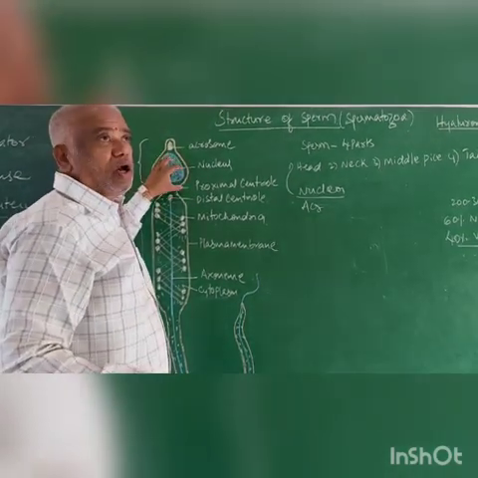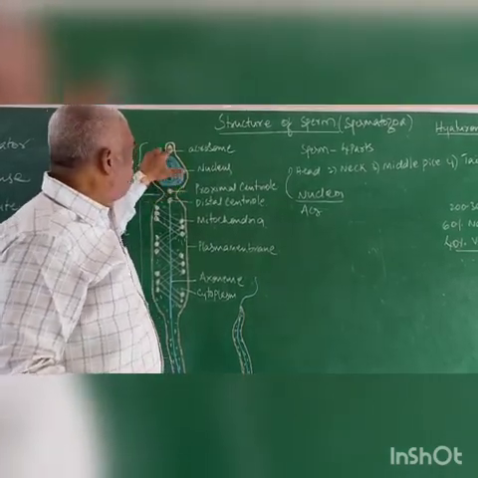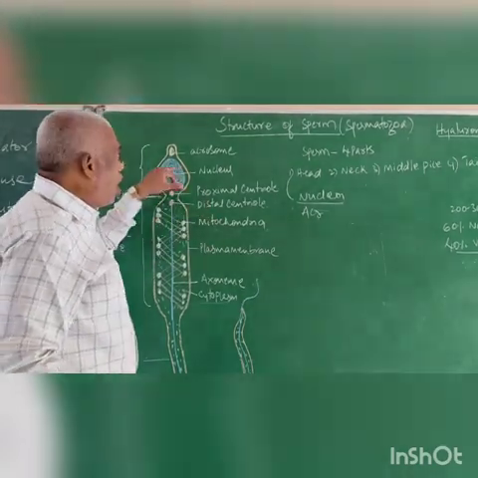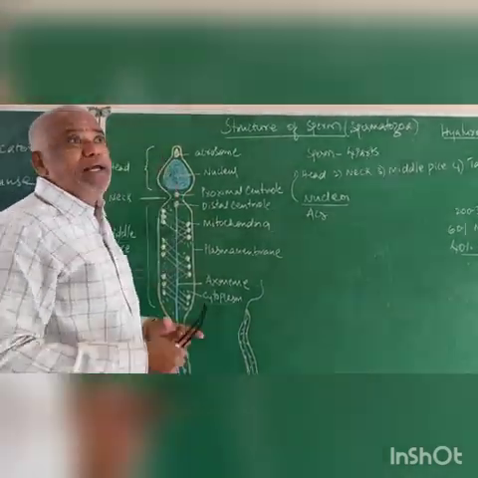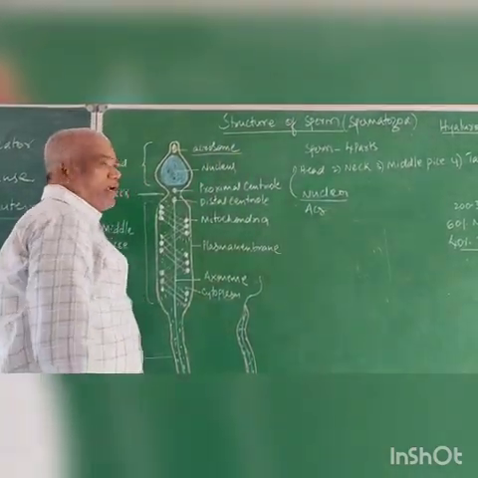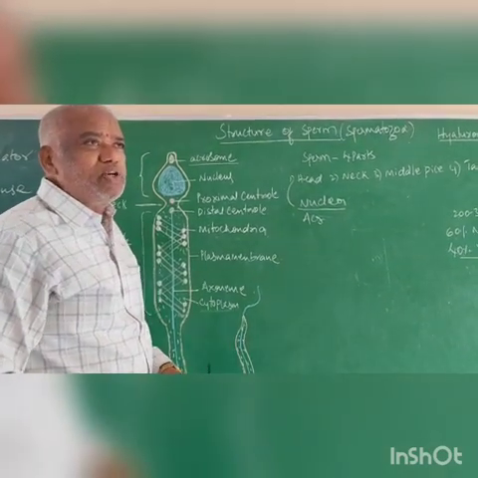Above the nucleus, inside the head, a cap-like structure is there. That is the acrosome. What is the acrosome? Somebody may be listening to this word for the first time.